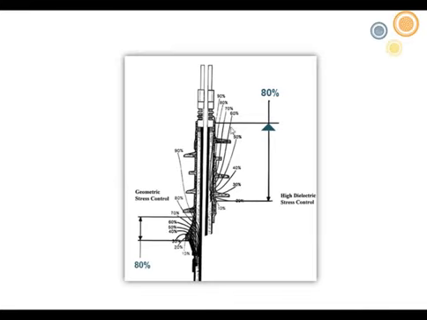So your high dielectric stress control term is on the right, and you can see it's much shorter than your geometric cone. With your geometric cone, you still have 80% of your electrical stress in a very short distance, so you have very high surface stress. So therefore, you need a much more distance from your high voltage lug to the ground at the base of the termination in order to meet the test requirements and to keep it from flashing over.